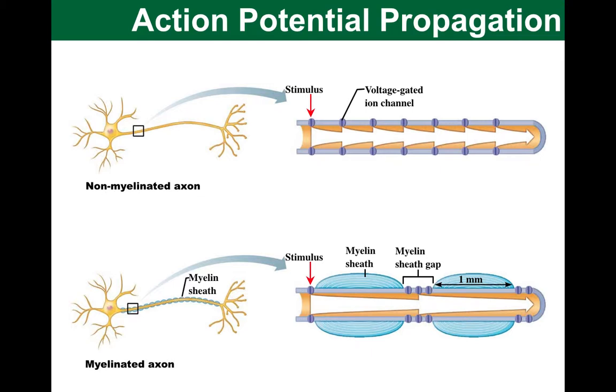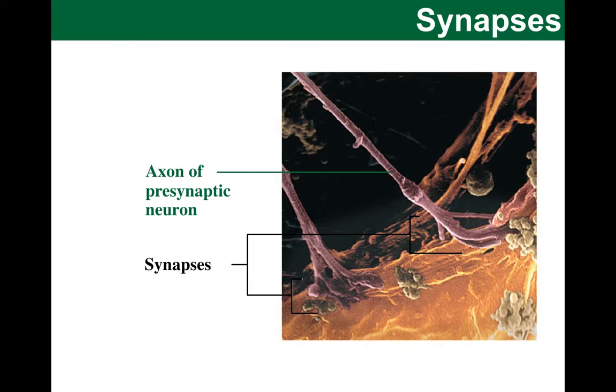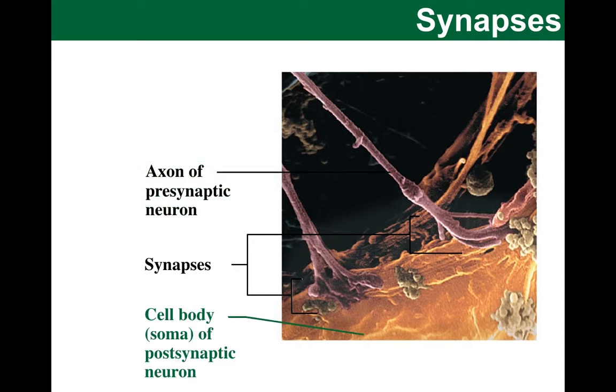The last thing that we have to review relates to the process that we can see in an electron microscopic figure here. And this is, of course, the synapse. So a junction including the small gap between where the presynaptic axon ends at the axon terminal and the postsynaptic neuron starts.